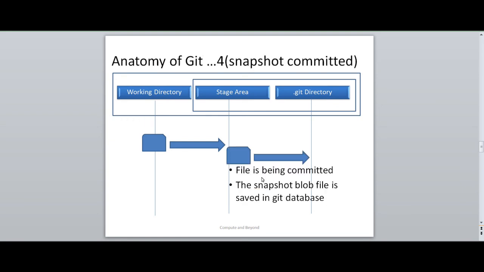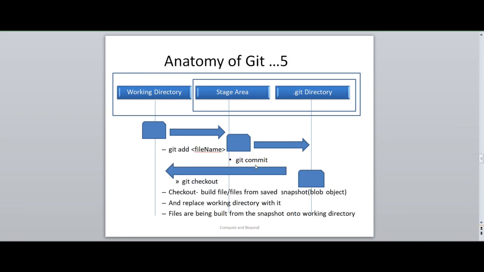And this snapshot, referred by the SHA-1 algorithm's 40-digit hexadecimal value, will be committed by the commit action, and the snapshot blob file is saved in the Git database permanently. And then last but not least, we have the commands.